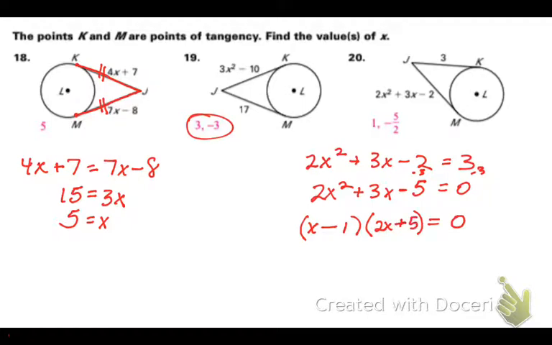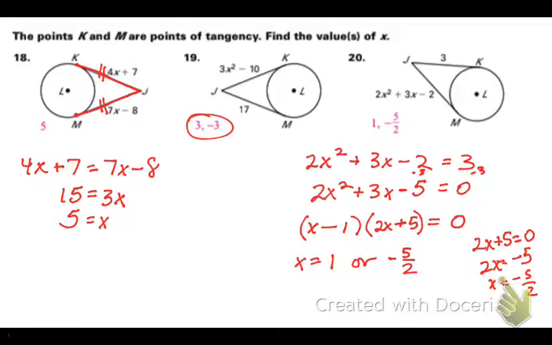So we have two answers that make this equation true: x can be 1, or 2x plus 5 equals 0, 2x equals negative 5, x equals negative 5 over 2.